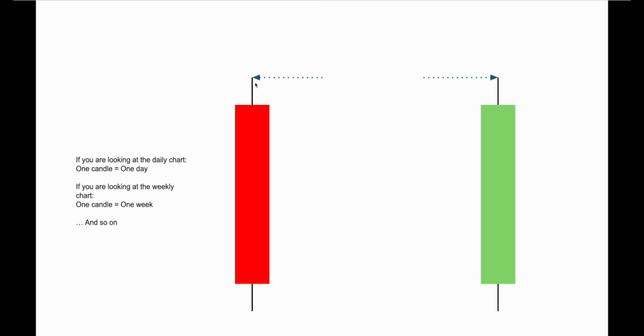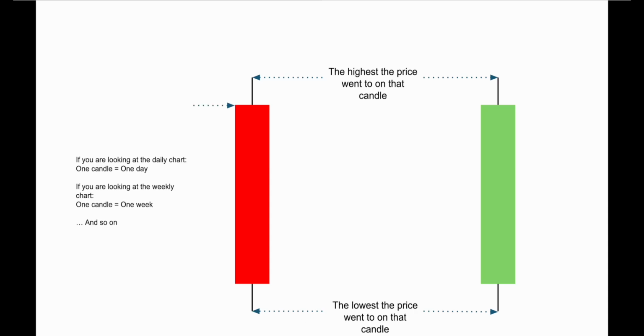The candles have these tails, and the top of the tail means the highest the price has been to in that time frame, in that candle. So if this is the daily candle, then this over here is the highest that the price went to on that candle. And similarly, you've got the opposite for the bottom. That's the lowest the price went to on that candle.